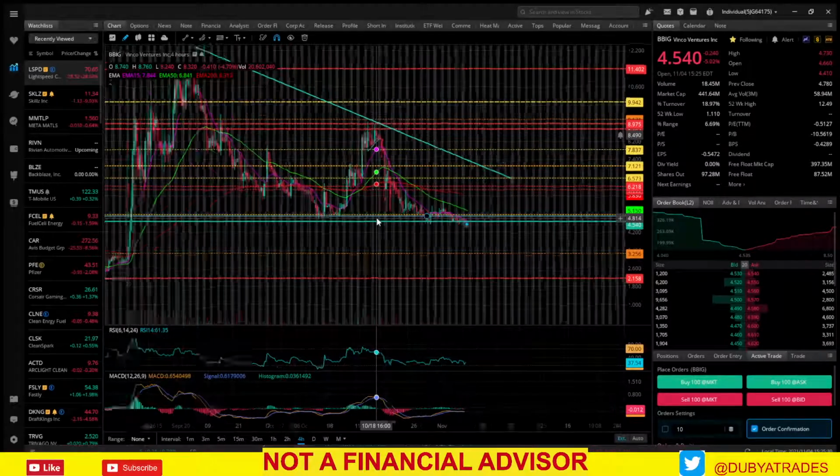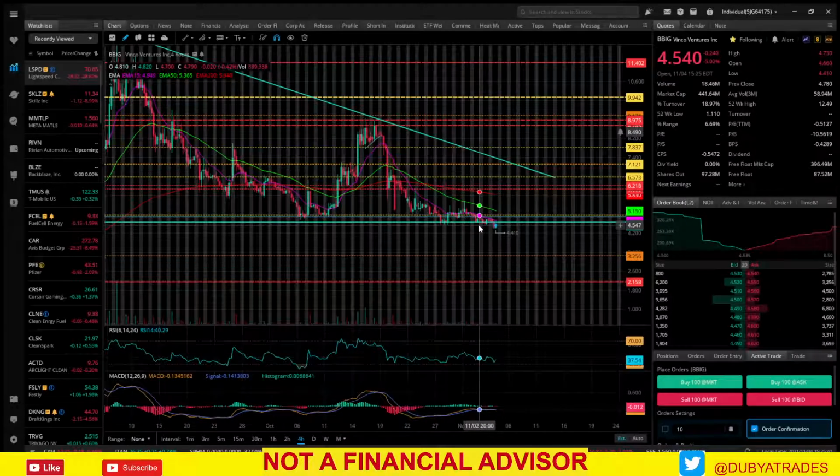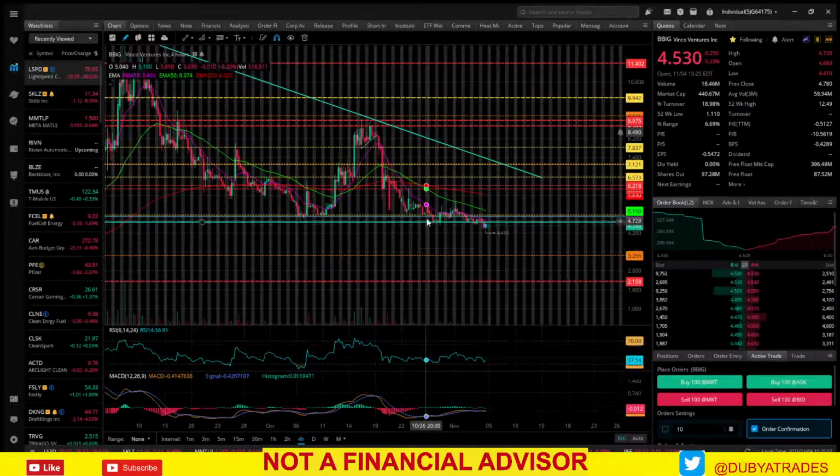To be honest with you, if it breaks this support and confirms it, this is not going to look too good for BBIG. I'm not sure when the next catalyst dates are for these. But yeah, it needs to hold this support if it's going to stay strong.